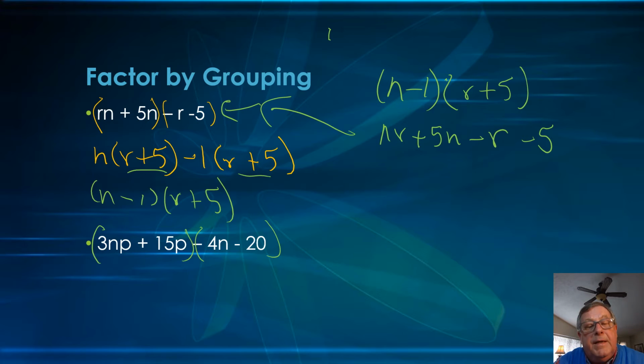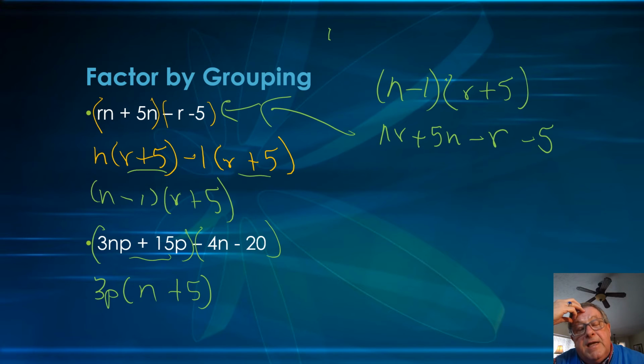Well, I got 3 and 15, and then I've got a p in each of the terms in this first grouping. So let's factor out 3p, which then leaves us with n plus 5. And hopefully I'm going to have a common factor of n plus 5 when I factor out the greatest common factor in this negative 4n minus 20.